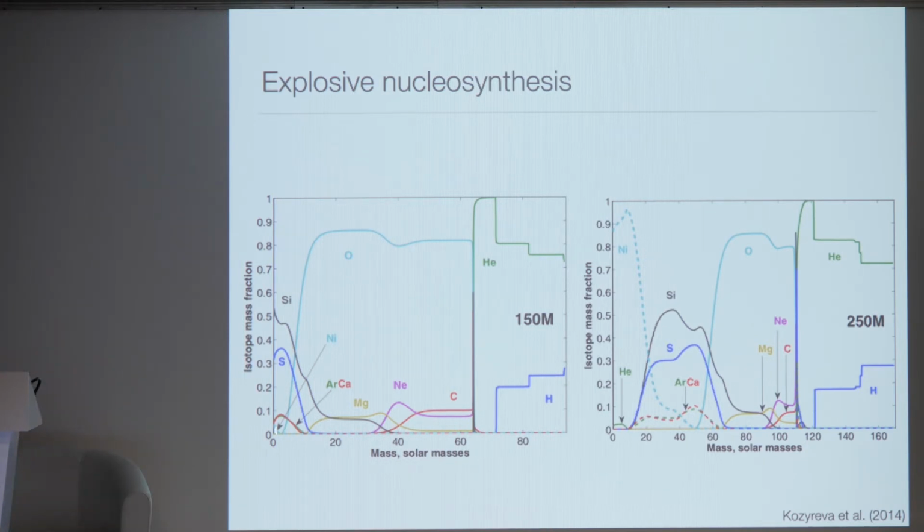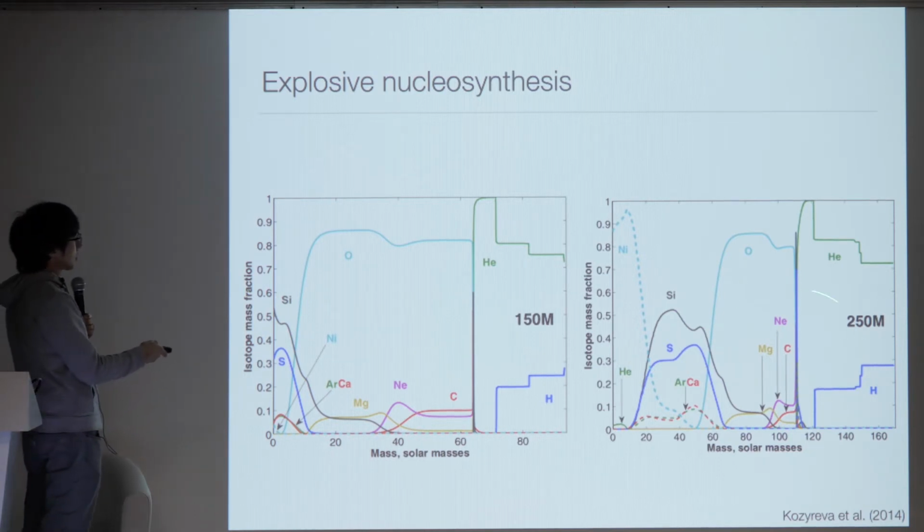In those cases, only a small amount of nickel is formed. Originally most of the core was composed of oxygen, but only the central part is enough to unbind these relatively low mass stars. So there won't be much nucleosynthesis going on, but of course some changes are made, and then these stars are unbound.